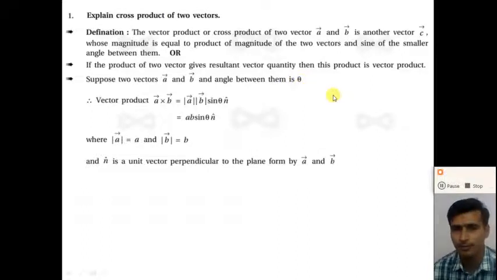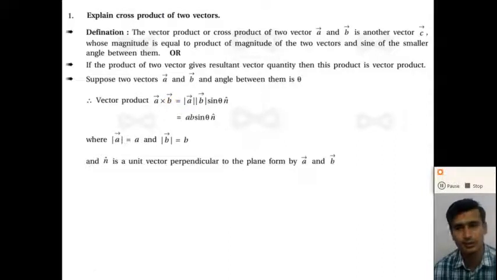Vector A has magnitude mod A, vector B has magnitude mod B, and the angle between them is theta. The vector product of vectors A and B is denoted by A cross B, that means the vector multiplication of the two vectors. A dot B is the scalar multiplication of the two vectors.